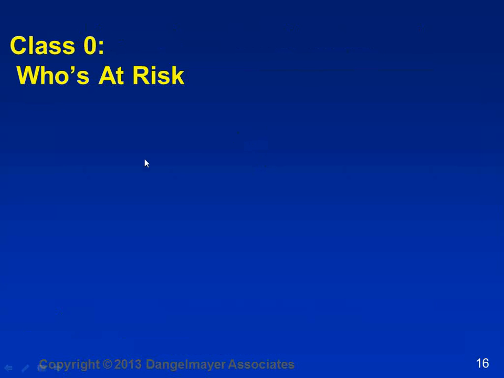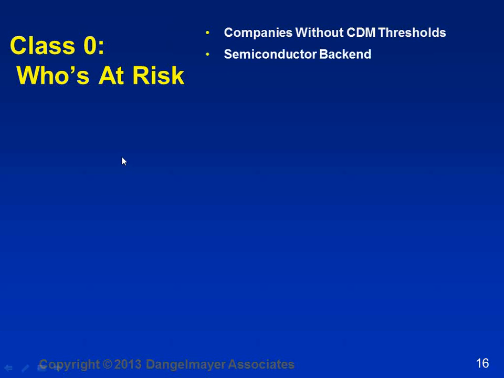Okay, so who's at risk? Well, here is a list that we're going to summarize each of these in a few minutes. One of the first ones is companies without CDM thresholds. Semiconductor back-end is an obvious scenario where the devices are first assembled and at risk. Automation can create what we kiddingly refer to as mass murder.